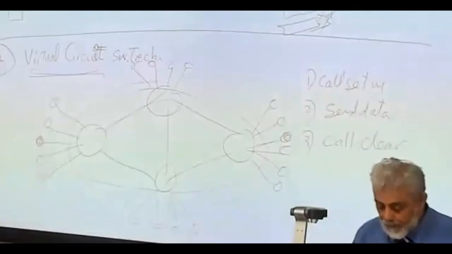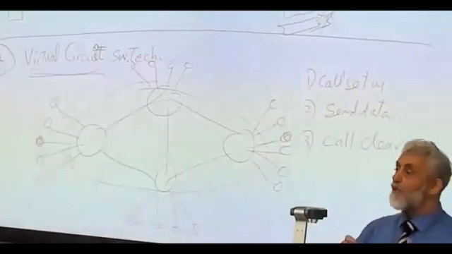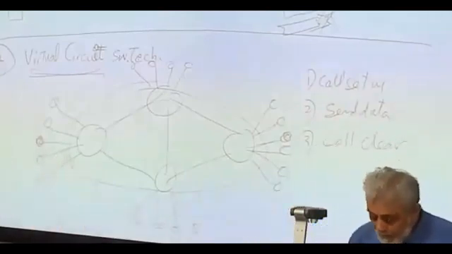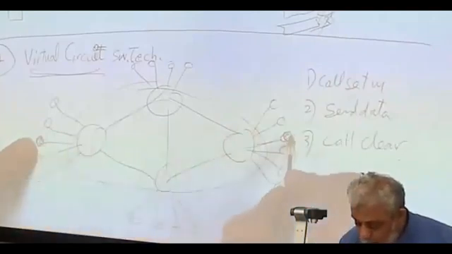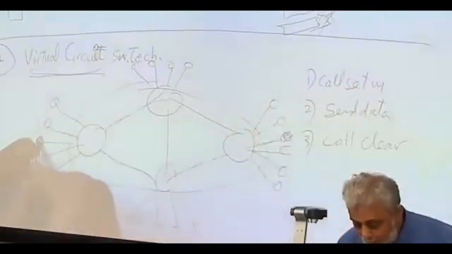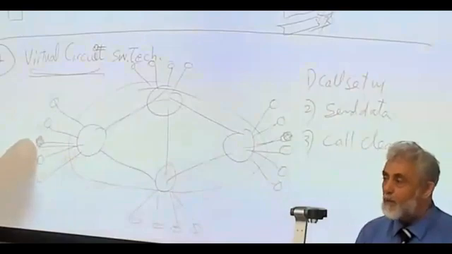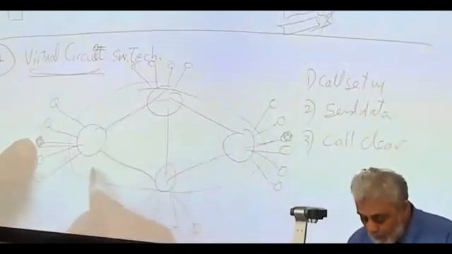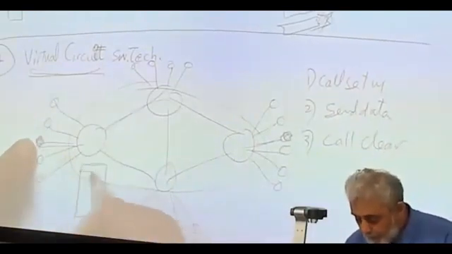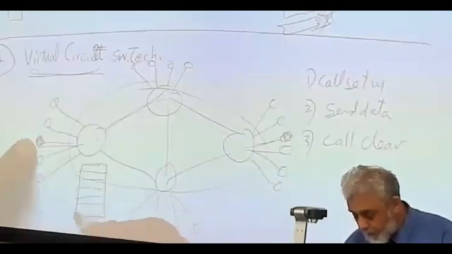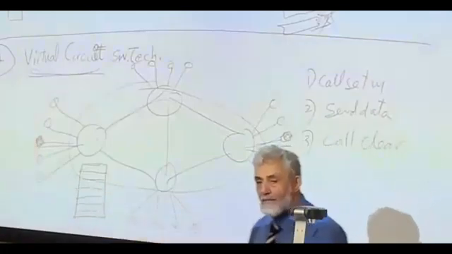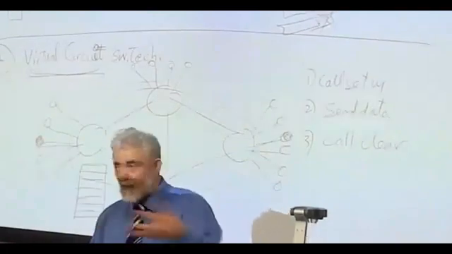With the newer techniques, if you have a computer and you want to use virtual circuit, let's say you want to send information to that user there, this guy must send a call request to the router. And every router here will have a list, usually an array in its memory, that has, for example, 5,000 or 10,000 records.